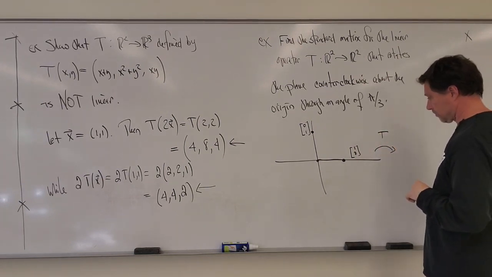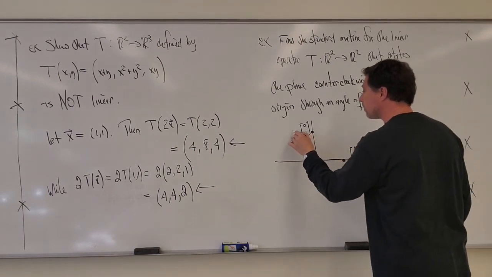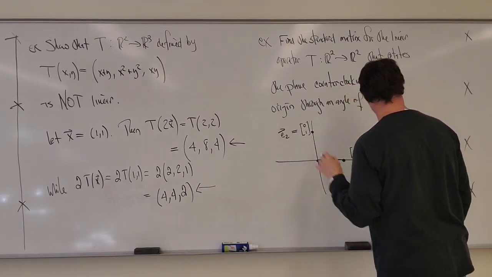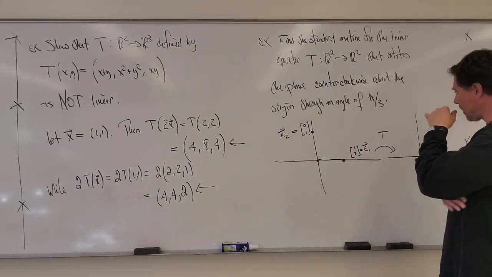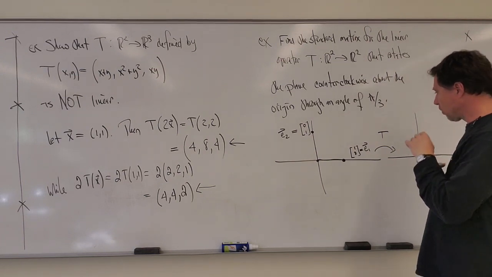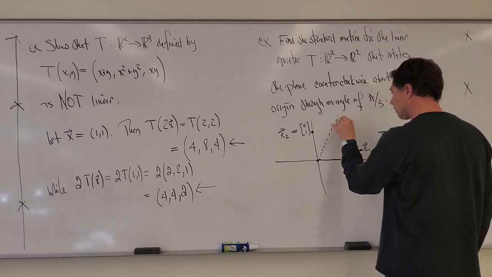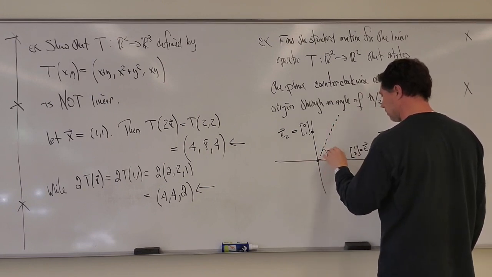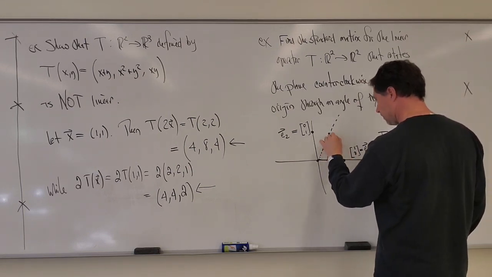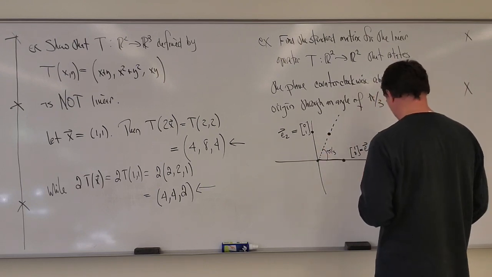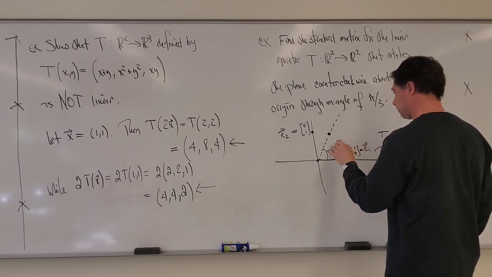Now, when I apply T, what happens? Let me label this. So there's E1, there's E2. Now what I need to do is figure out, what is T of E1? Well, if you rotate through an angle of pi over 3, then T of E1 ends up over here.